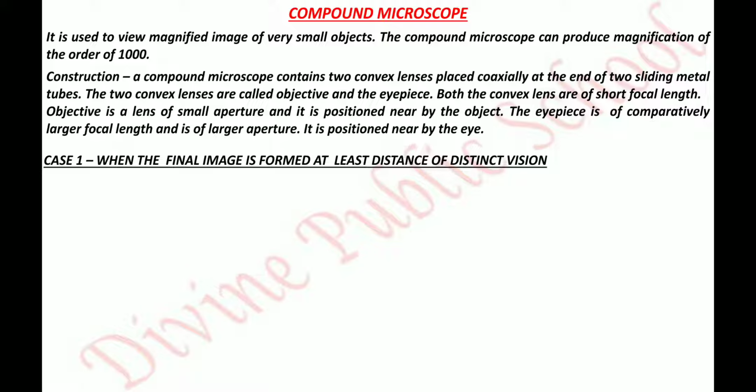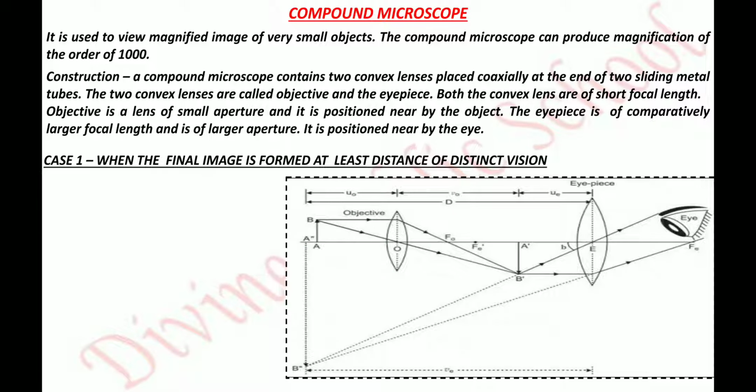For that, we need to see the ray diagram. Just look at the ray diagram. The object is AB. The object is kept just after the focus of the objective, meaning slightly greater than the focal length, in front of the objective lens.